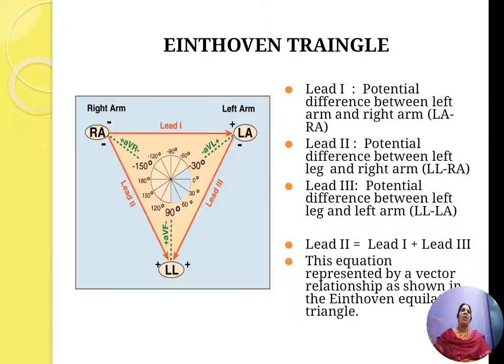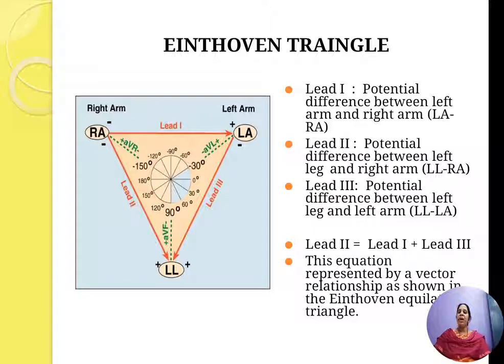A closed path is formed, right arm to left arm, then to left leg and back to right arm. That is called Einthoven's triangle.